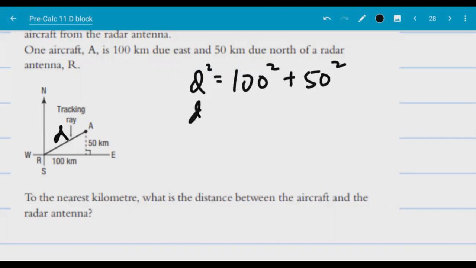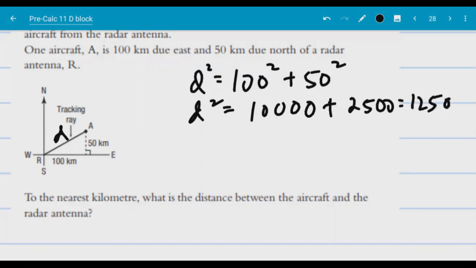So let's continue. d squared is equal to, what is this? That's 10,000 plus 2,500, or 12,500 if I'm correct. Okay. So to find d, that would be the square root of 12,500 and to the nearest kilometer.